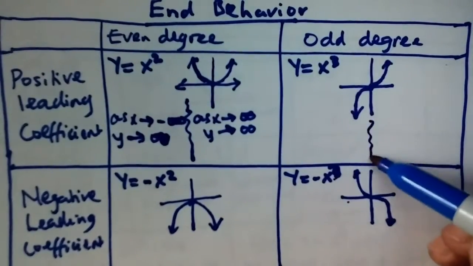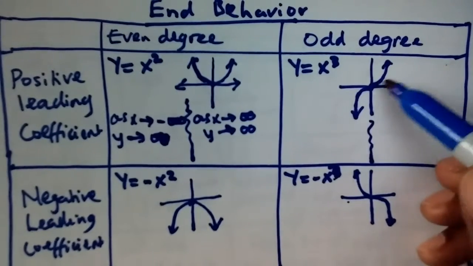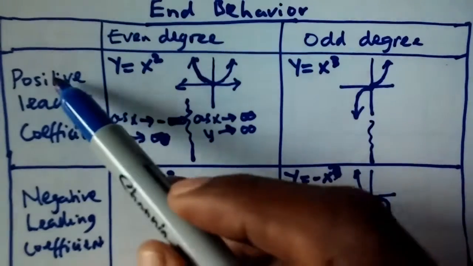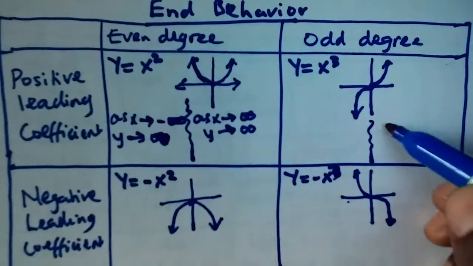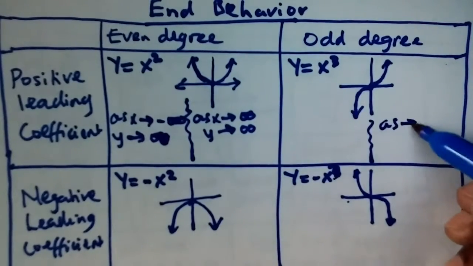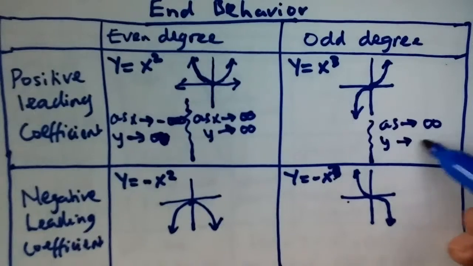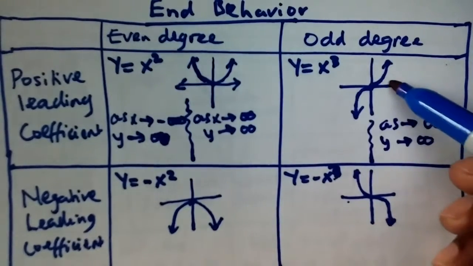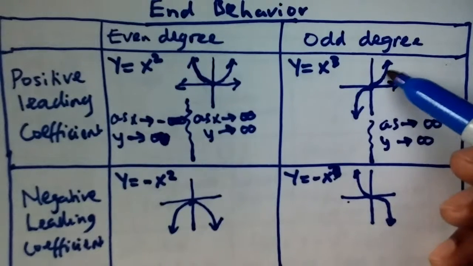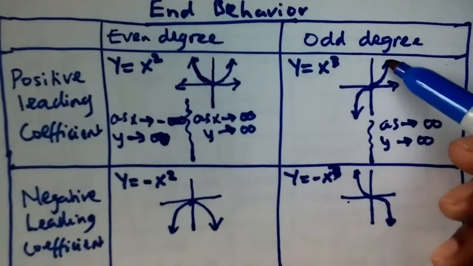The left side and the right side of this graph. When the leading coefficient is positive, as x approaches infinity, y approaches infinity as well. You can see as we're going towards the right side, plugging in more positive values of x, the graph is going way up to infinity.